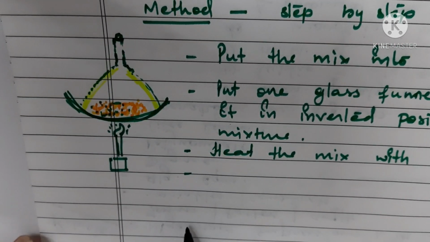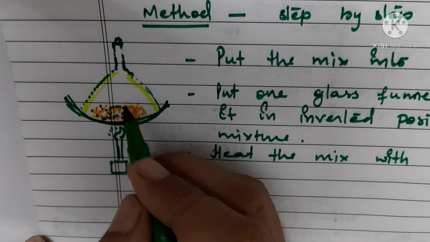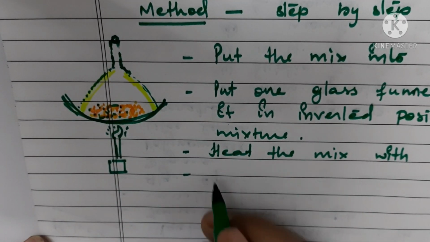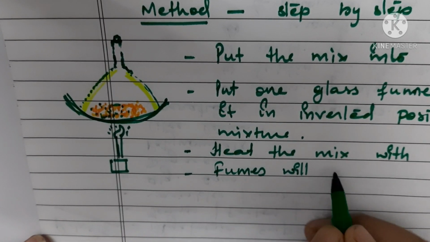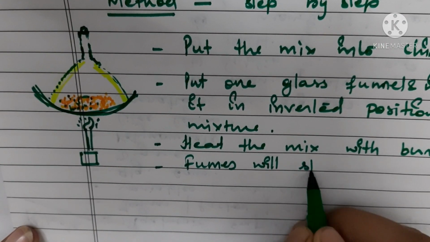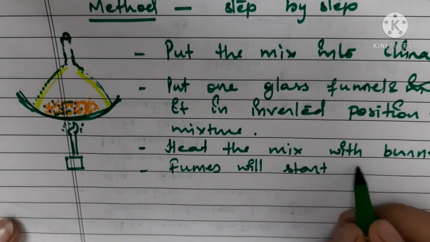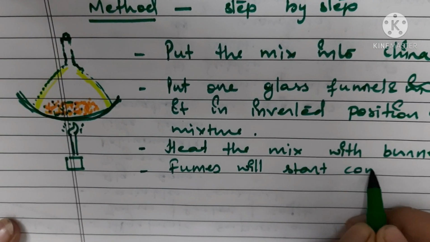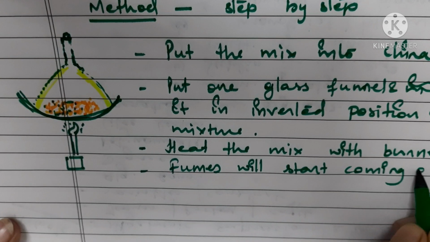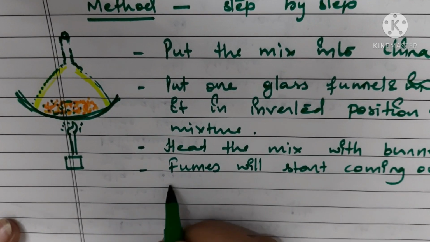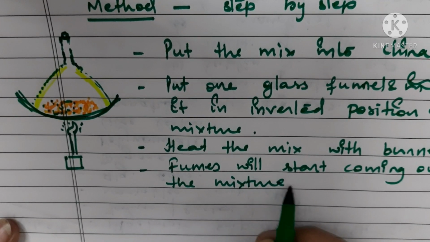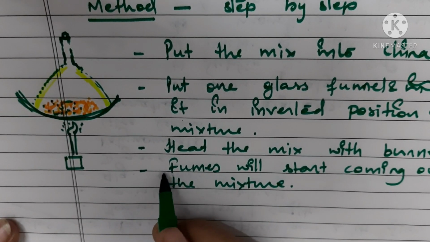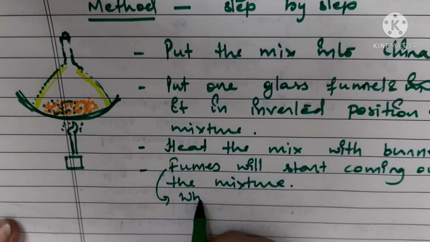इसमें से धुआं निकलने लगेगा, फ्यूम्स निकलने लगेंगे. Fumes will start coming out of the mixture, and these fumes are white in color.